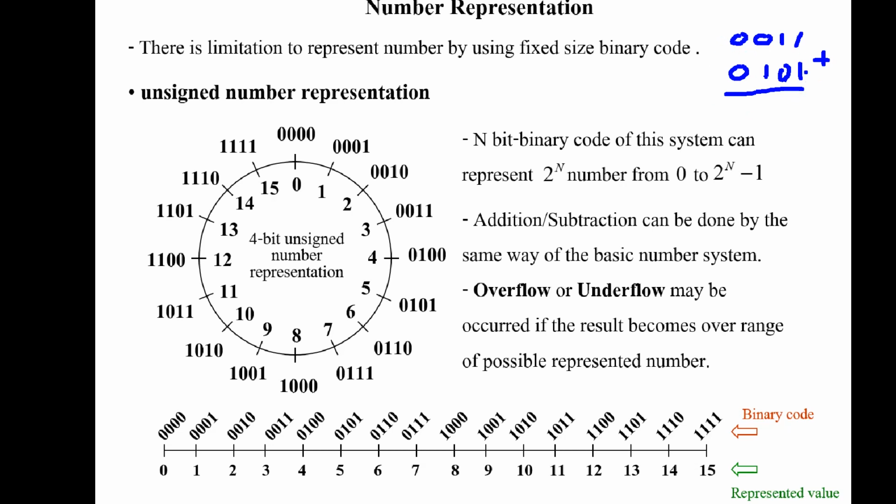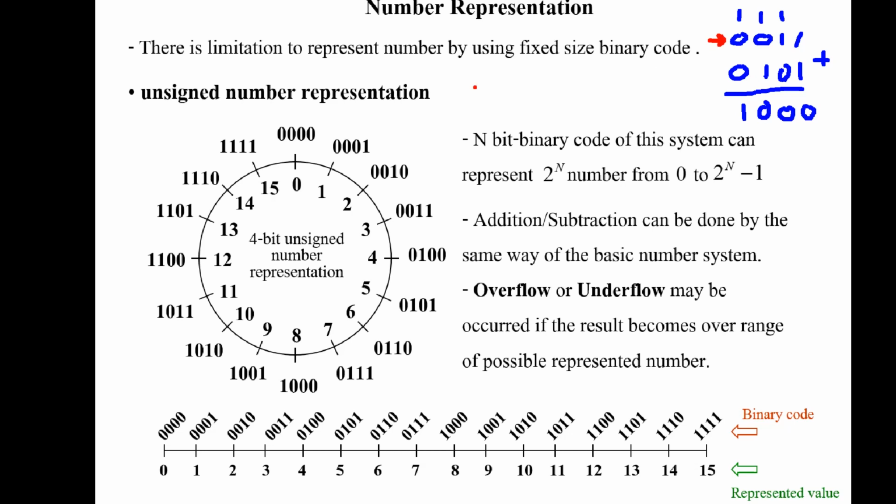What happened? 1 and 1 is 0, right? Then carry out is 1. This 1 adds 1 and this carry in, then it becomes 0 and 1 carry out. This carry out becomes carry in at this digit, and then 0 plus 1 plus this carry in becomes 0, and carry out is 1. Then it becomes carry in, and here 0 plus 0 plus carry in 1 becomes 1, so the result is 1000.